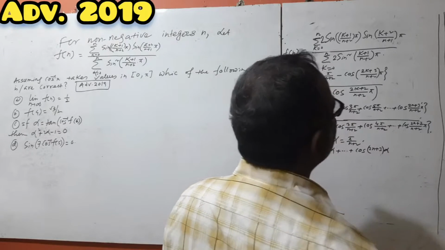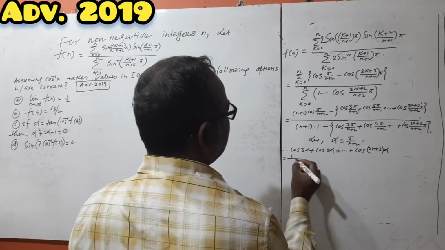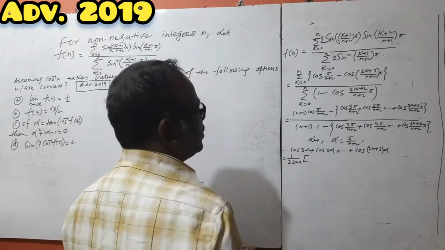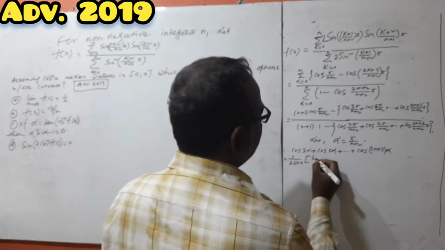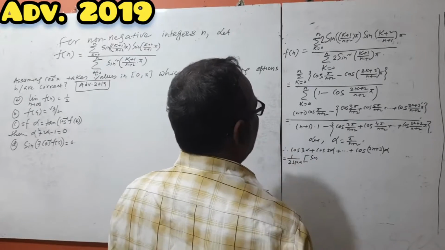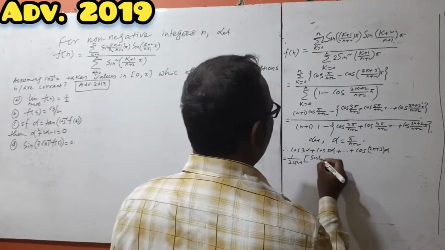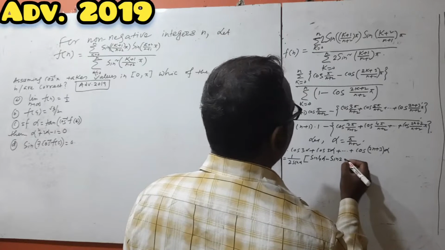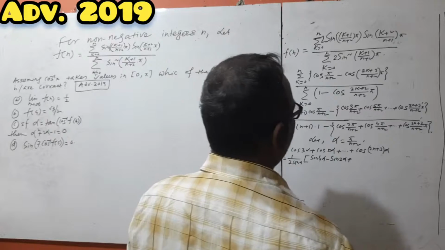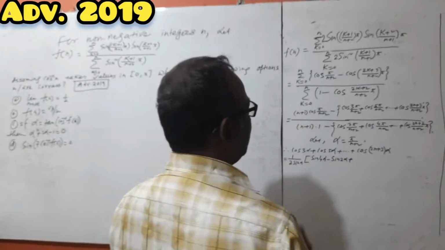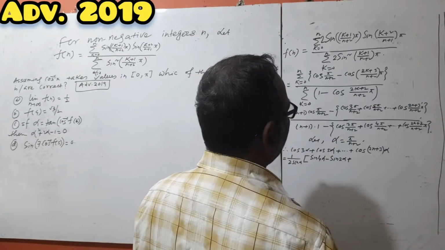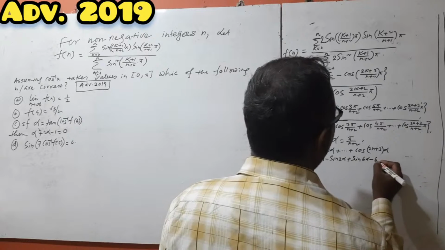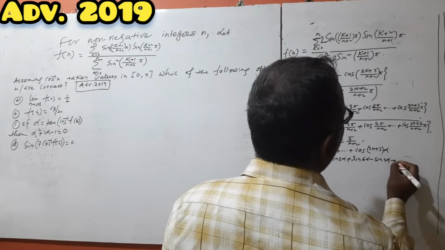Now write 2 sine alpha times each term. 2 sine alpha cos 3 alpha is sine 4 alpha minus sine 2 alpha. 2 sine alpha cos 5 alpha is sine 6 alpha minus sine 4 alpha.